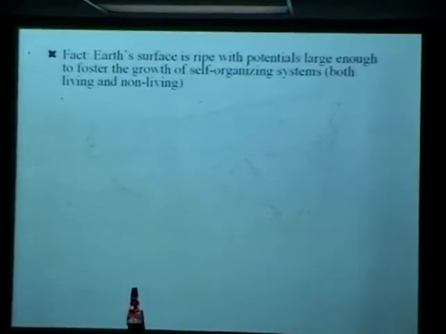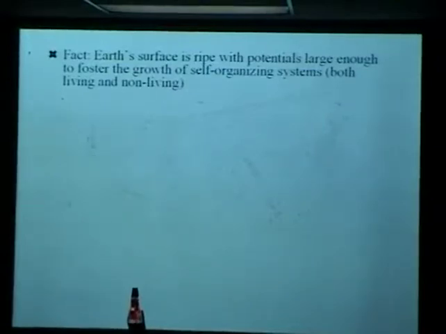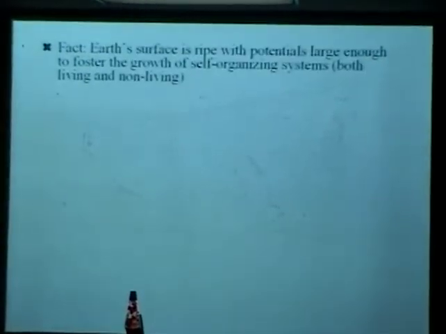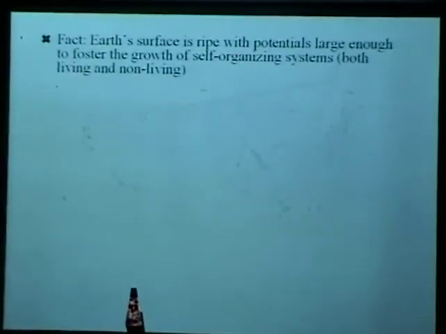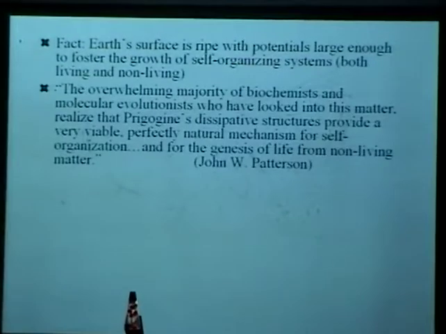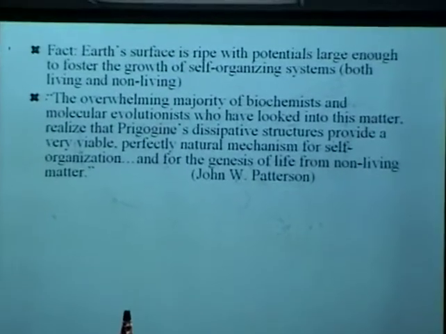If we think about our Earth, the Earth certainly has a whole lot of very big gradients, big enough to foster the kind of growth we're talking about here, where we can get self-organization for both living and non-living systems. Here's a quote by a guy, Patterson. He says that the overwhelming majority of biochemists and molecular evolutionists who have looked into this matter realize that these, like the Bernard cell, are dissipative structures.